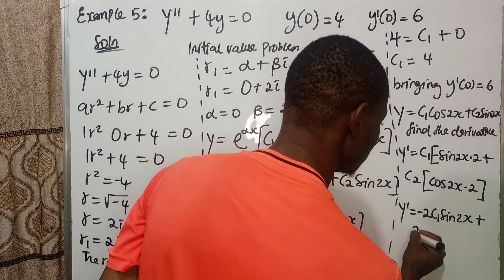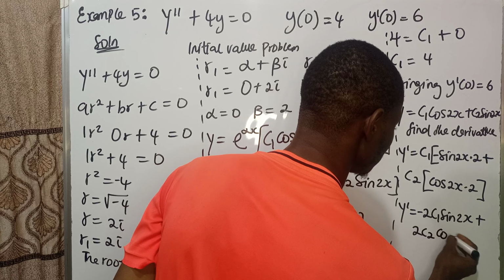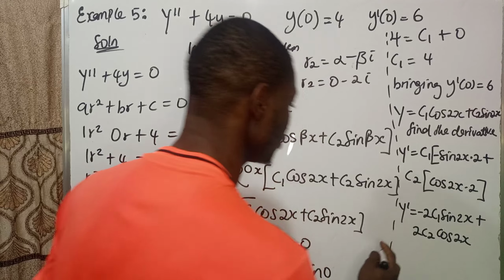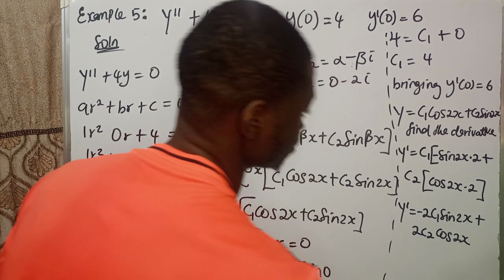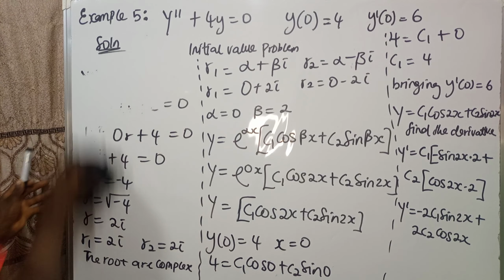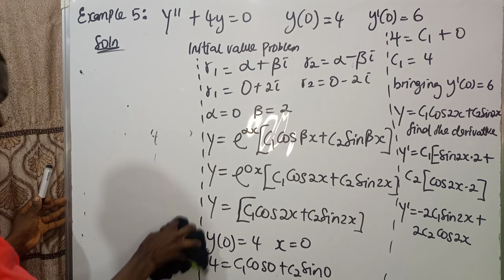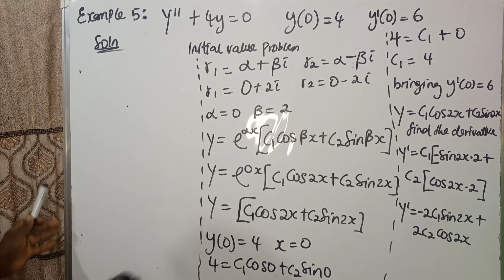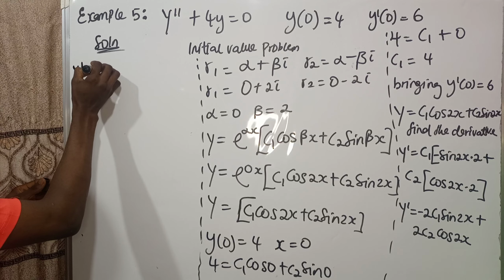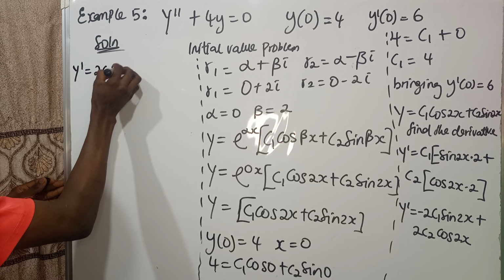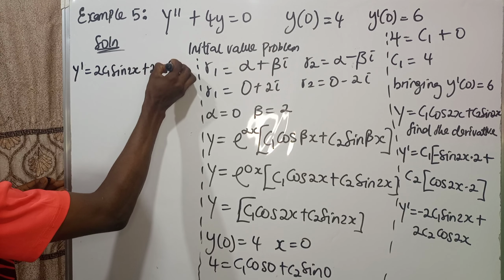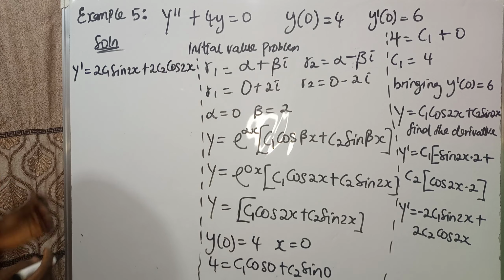plus 2c2 cos 2x. So we are going to have y prime is equal to minus 2c1 sine 2x plus 2c2 cos 2x.